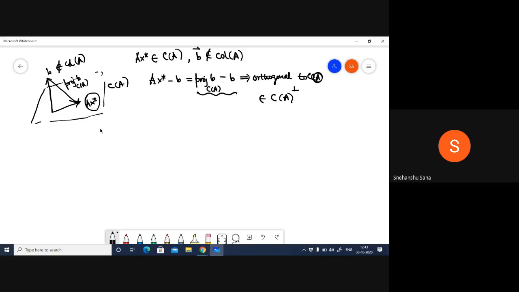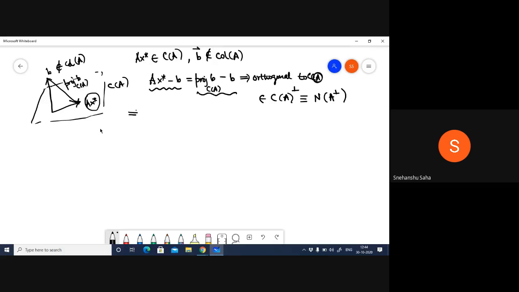Now, the orthogonal complement of the column space of A is nothing but the null space of A transpose. This is a standard theorem that I don't have the time to explain, but just trust me on this. So these two are equivalent vector spaces. What that means is this AX star minus B, which is orthogonal to the column space of A by construction, has to belong to the null space of A transpose.